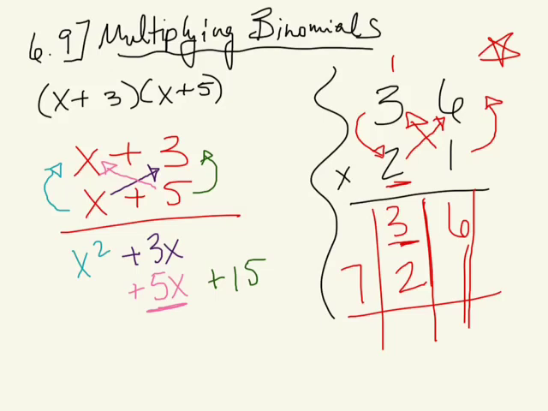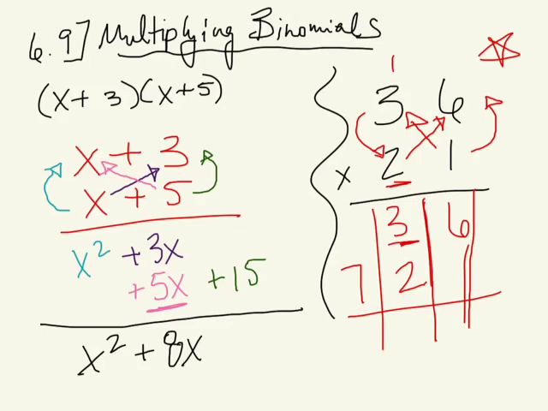So, all in all, we're going to add these columns. x squared plus nothing is going to be x squared. Positive 3x and a positive 5x is going to be positive 8x.